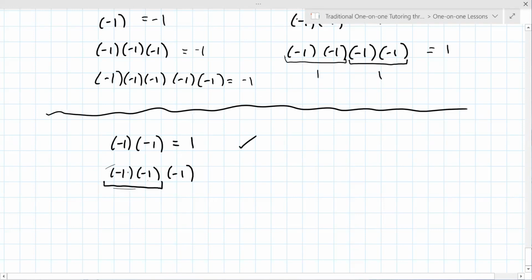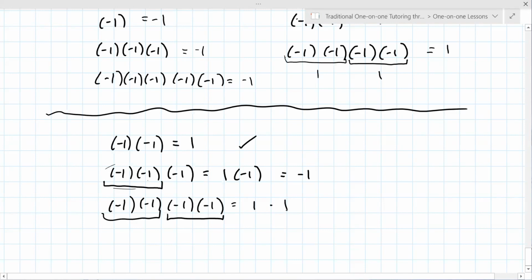And we have the answer right there. You get 1, and then it's times -1. 1 times -1 is -1. Okay. Now let's keep going here. -1 times -1 times -1 times -1. So these two make 1, and these two make 1.